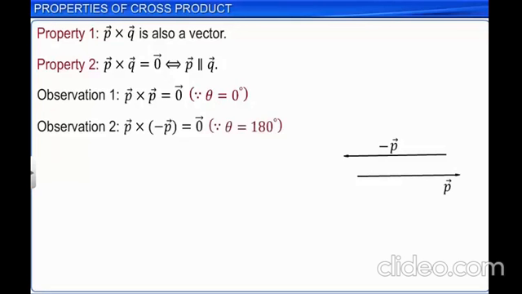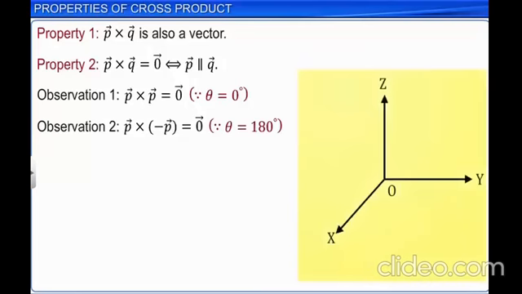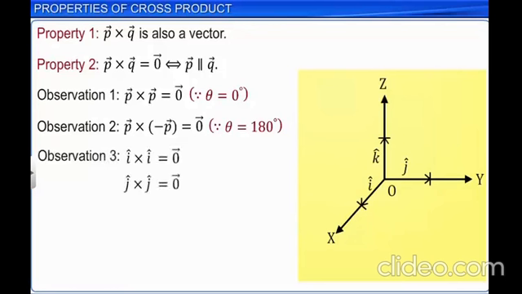You already know that unit vectors along the x, y, and z axis of a three-dimensional coordinate system are denoted by unit vectors i, j, and k, respectively. From the discussion so far, it follows that the cross products of unit vectors i, j, or k with themselves is a zero vector.